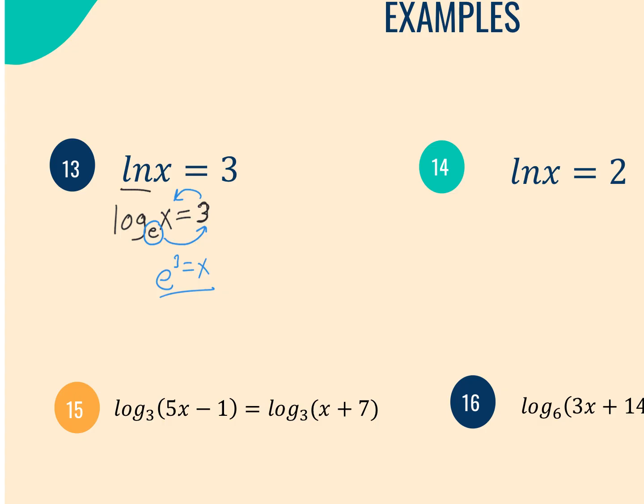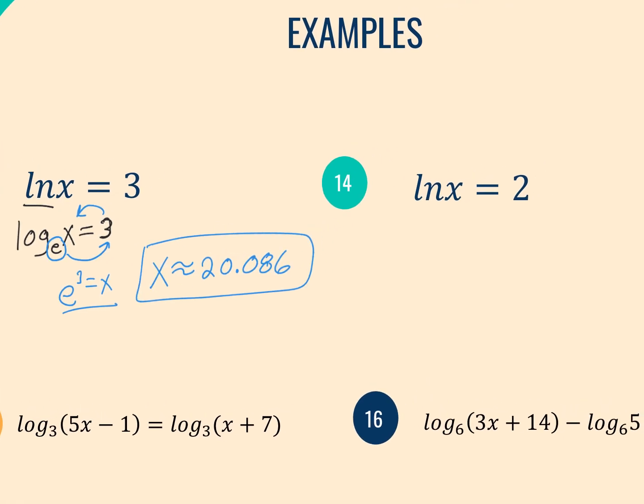That is our exact answer, simple as that. Just like the previous lesson, we want to plug it into our calculator and get a decimal approximation. So x in this case is approximately, I'll do 3 decimal places, 20.086. Shouldn't be too bad.